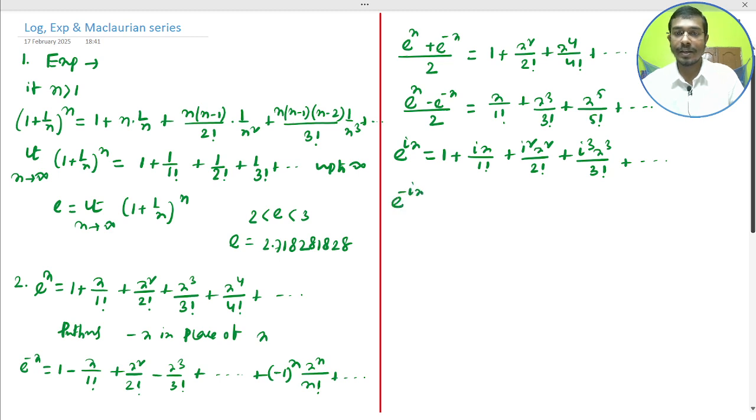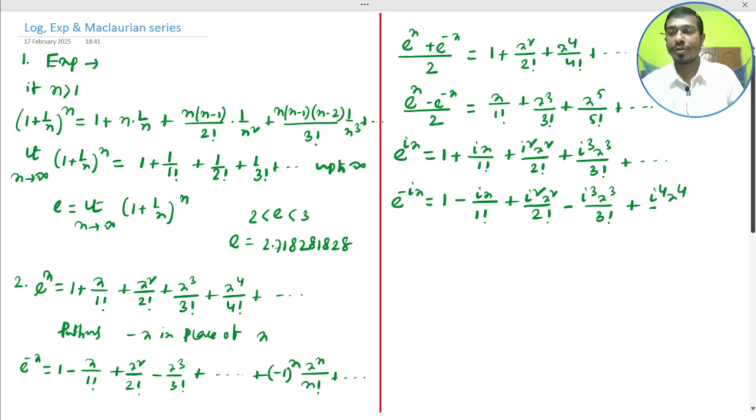Next, e to the power minus ix would become plus minus: 1 minus ix divided by 1 factorial, then plus i square x square divided by 2 factorial, then minus i cube x cube divided by 3 factorial, then plus i to the power 4 x to the power 4 by 4 factorial, then minus, as it is.